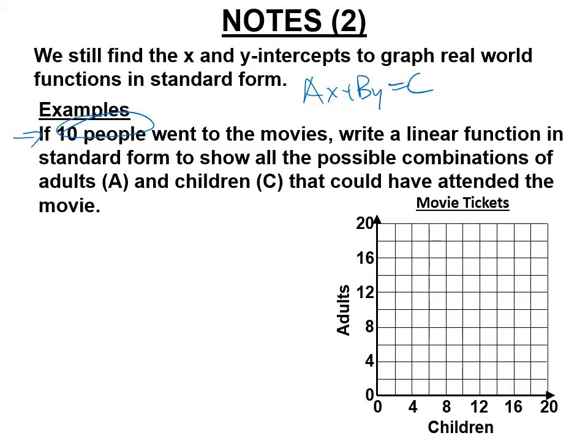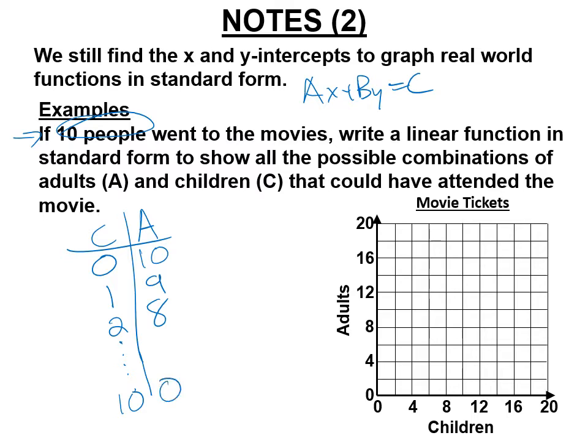If adults and children are going, let's make a little t-table. Children is on the x-axis. If 0 children go and 10 total went, you could have 0 children, 10 adults. If 1 child goes, then you have 9 adults. And 2, 8, and I'm not going to do them all, but if you have 10 children, 0 adults go. And if you have 9 children, 1 adult can go.